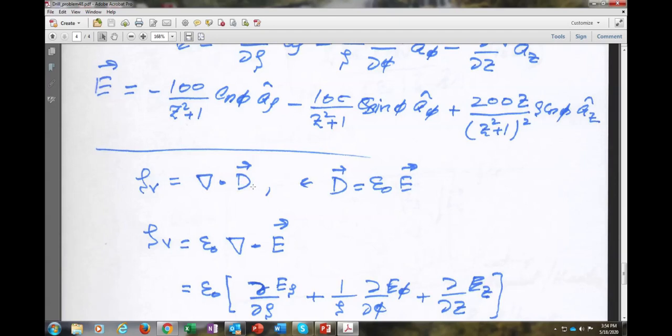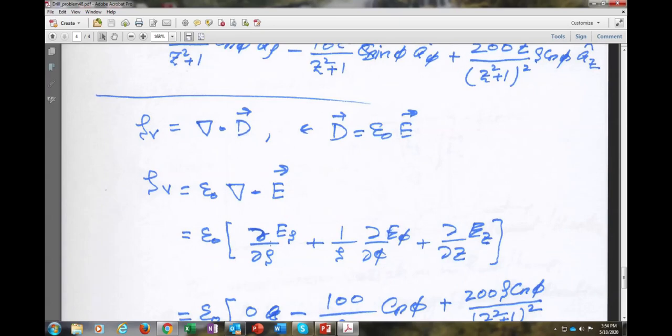As D field, the electric flux density, is equal to epsilon naught times E, and we also know how to expand the divergence in cylindrical coordinate system.